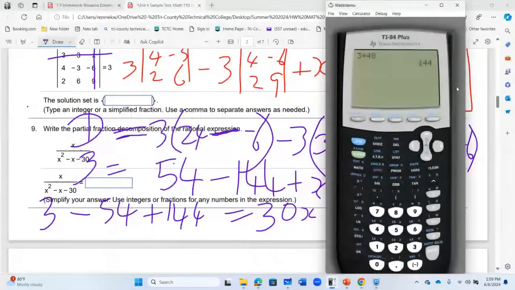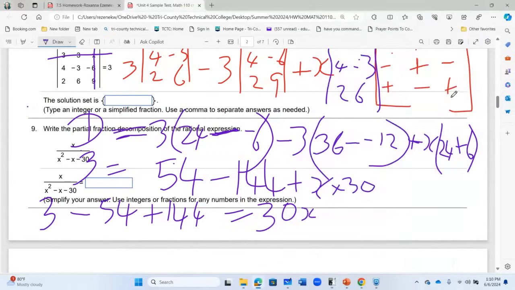All right, so I have negative 51 plus 144. 144 minus 51, and I have 93, and I divide 93 by 30. And I have 3.1, so x is approximately 3.1. So the value of x is approximately 3.1.